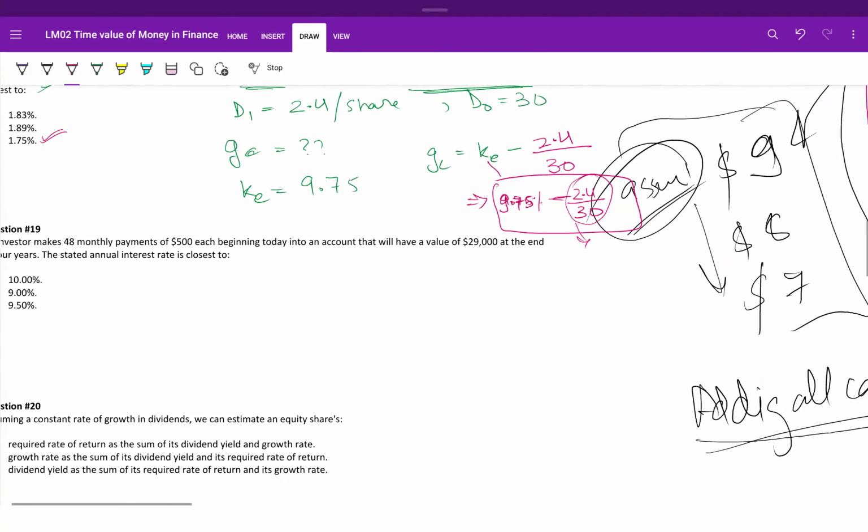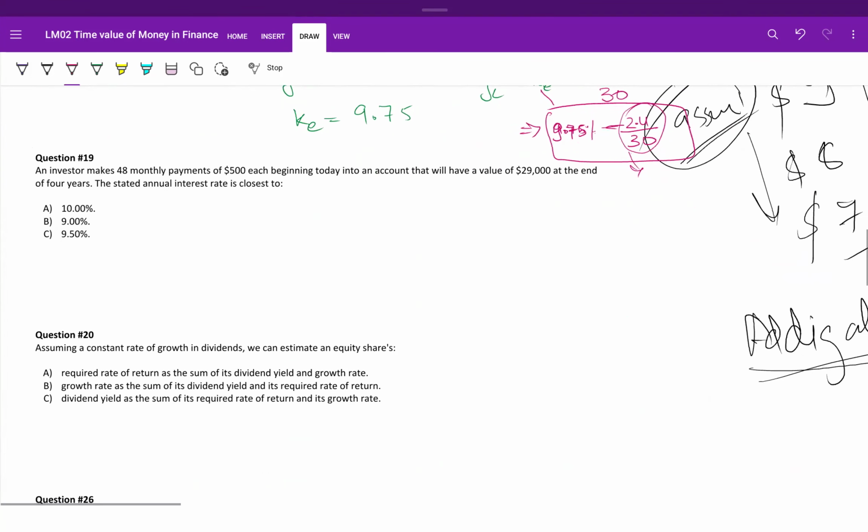Okay, so the next question: an investor makes 48 monthly payments of 500, beginning today. If they are saying 48 monthly payments, this is N, and PMT is into your account, that you will have a value of 29,000 at the end of the fourth year, at the end of 4 years.